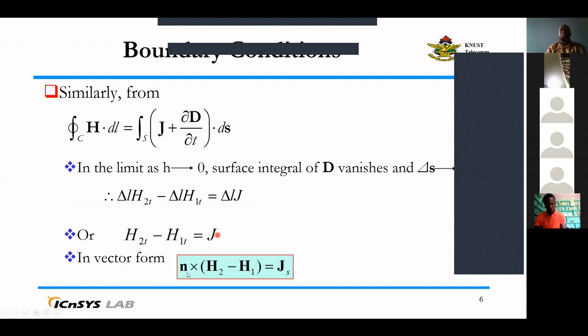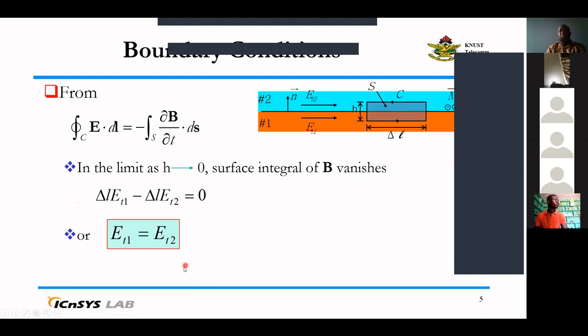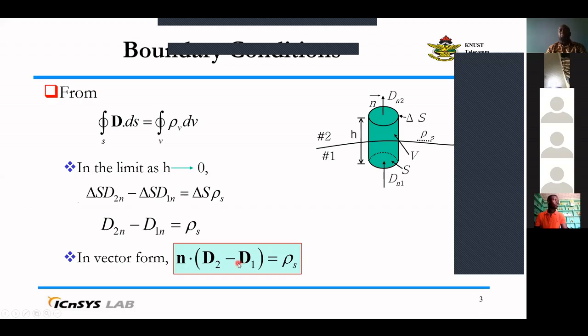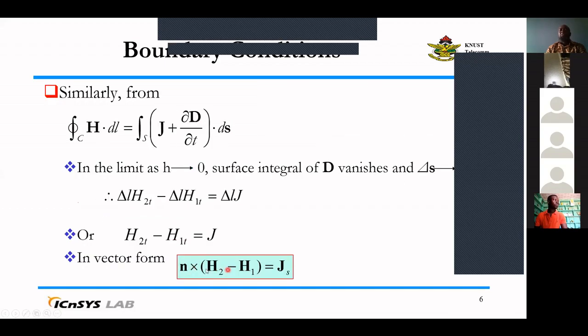And in vector form, this is how you write a tangential component. N cross H will give you a tangential component, and N dot a vector will give you the normal component. Just as here, N dot this will give you the normal component, but if you do the cross product, then you get a tangential component.